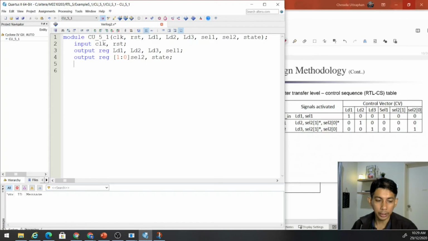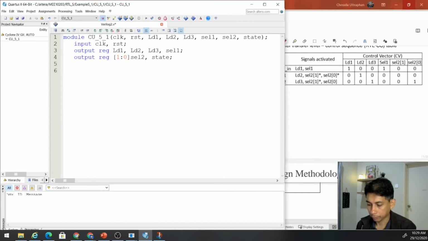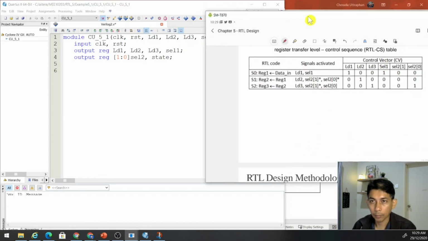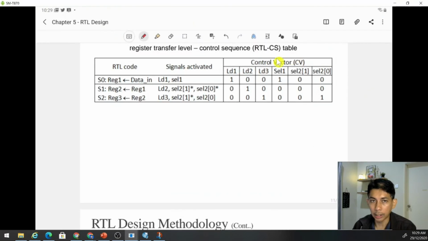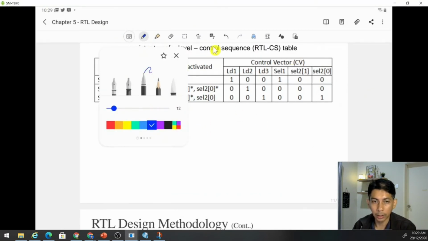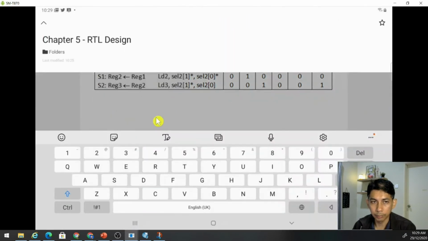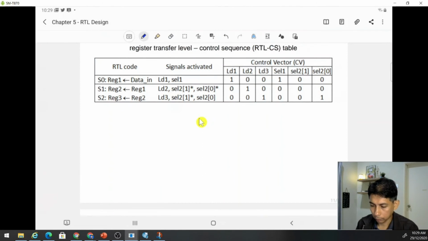Now we want to create this finite state machine. We want to describe the circuit for that. Okay, so to do that, we need to have the block diagram for our finite state machine or the control unit.